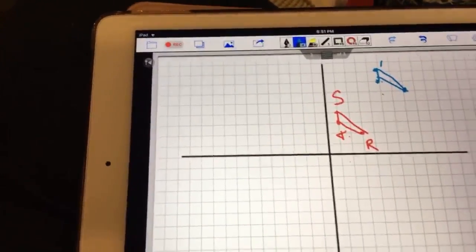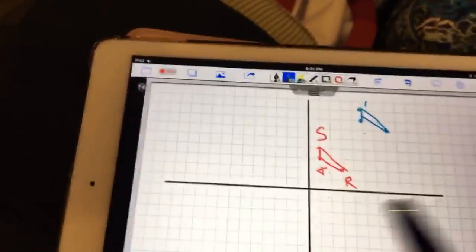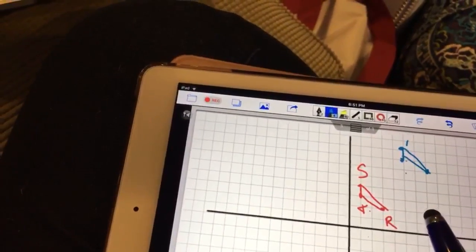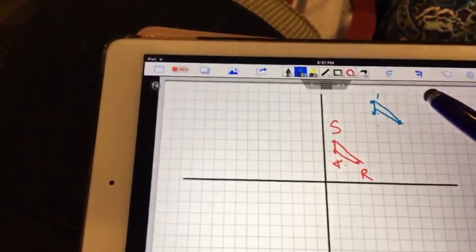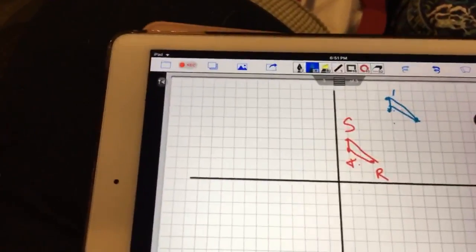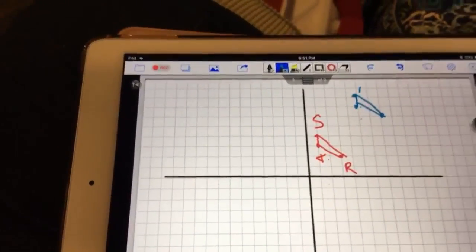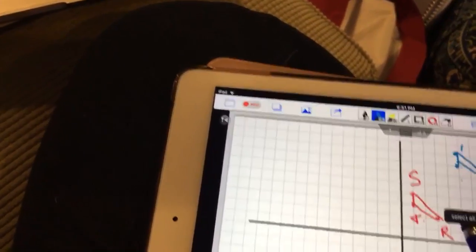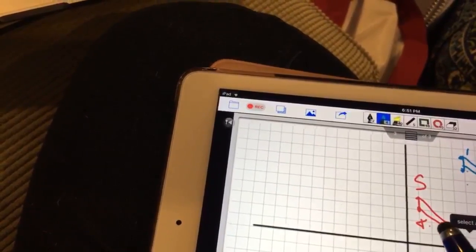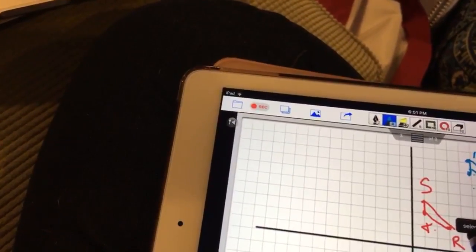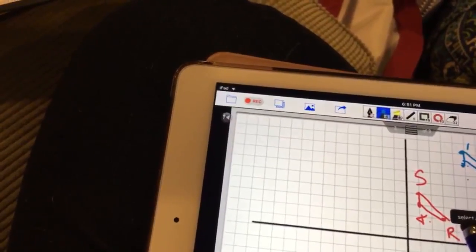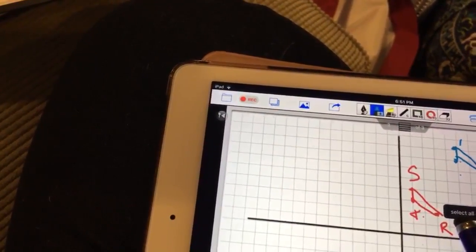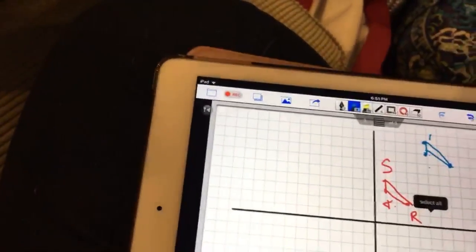If I were to reflect across a vertical line and then a horizontal line, am I going to get the same shape that I have here? No, I am not. If I reflect across a vertical line, for example, right here, x equals 4, and then reflect across a horizontal line, then I'm going to end up with the same shape, but it's going to be rotated.